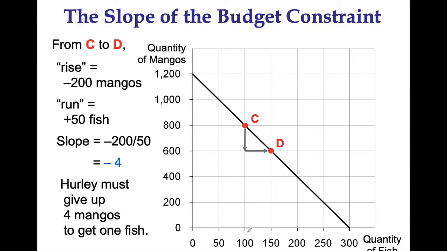This means that this consumer Harley, to get 1 more unit of fish, should give up 4 units of mangoes. Why should he give up 4 units of mangoes? Because he has a limited budget called budget constraint. He has limited resources. So consumer decision making is significantly related to his budget.